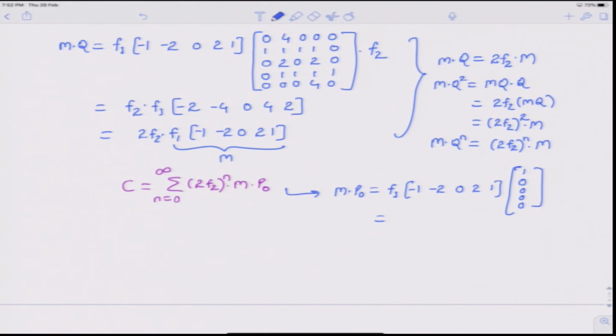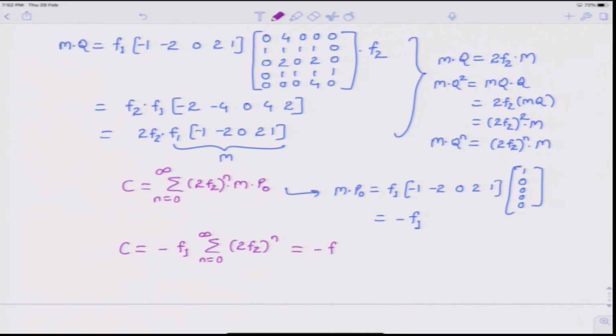This should be equal to minus F1, and so C becomes minus F1 times sum of 2F2 to the power n, n varies from 0 to infinity, and this summation we can write as 1 over 1 minus 2F2.